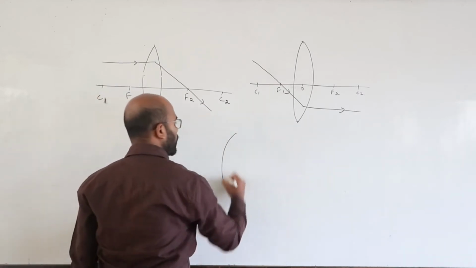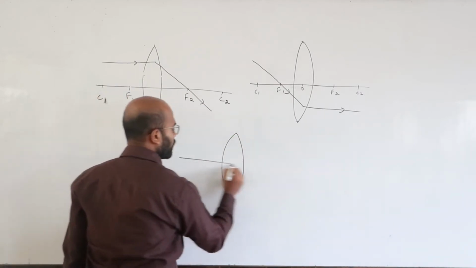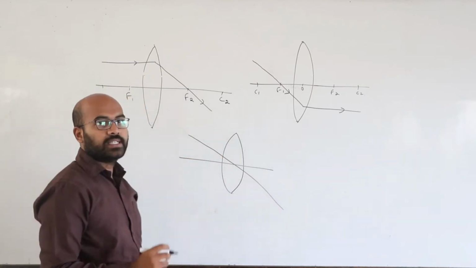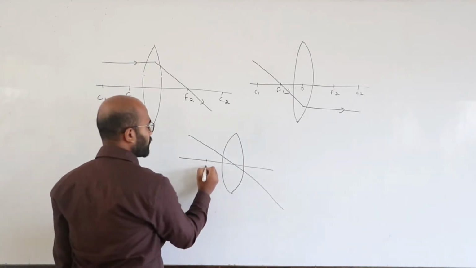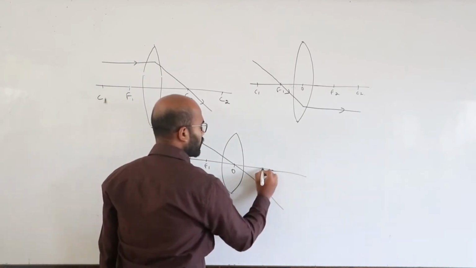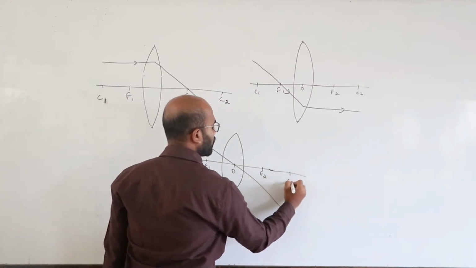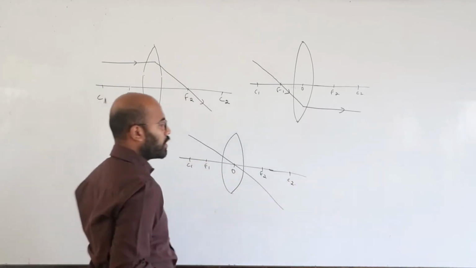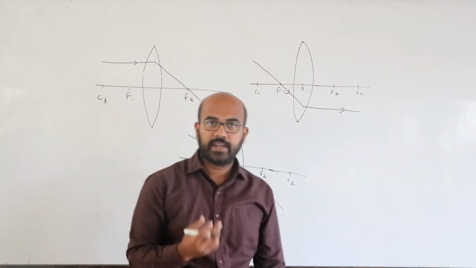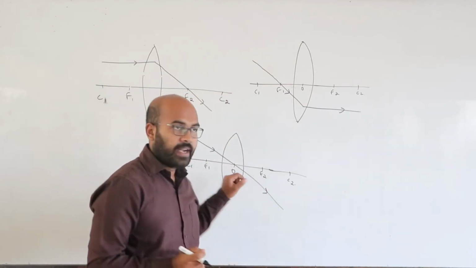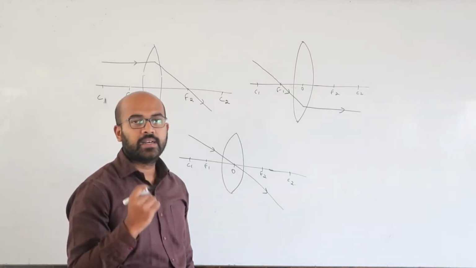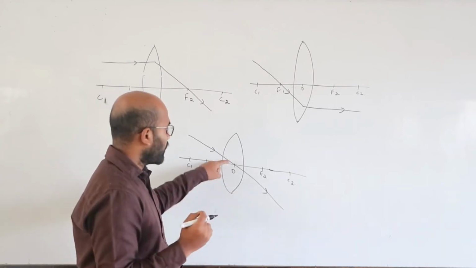So next, the light ray passing through optic center goes in the same line or in the same path. F1, C1, is optic center O. This is F2, C2. The light ray passing through the optic center goes in the same straight line, or it goes undeviated. But actually, in the real situation, there will be a slight refraction that happens here.